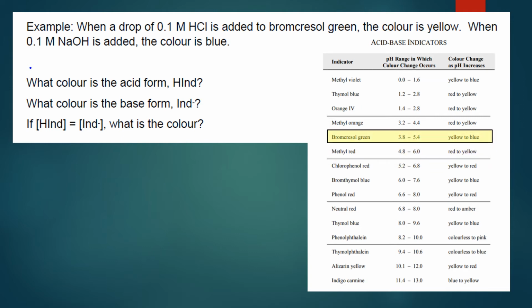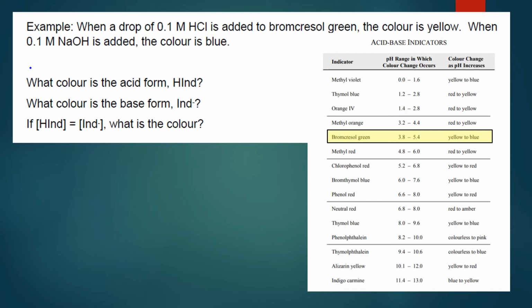So the first thing that we're going to do is find bromocresyl green on this chart. You can see that bromocresyl green turns color from 3.8 to 5.4. And you can see that the acid form of this is yellow and the base form of it is blue. So it says, what color is the acid form of HIND? Well, that's going to be yellow. You can see on the chart that the yellow is the acid form.